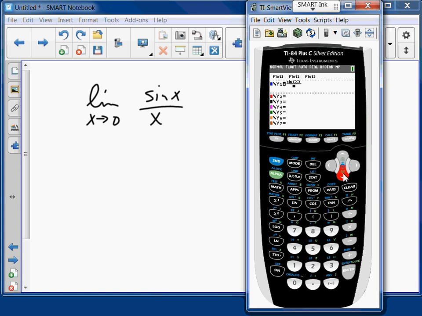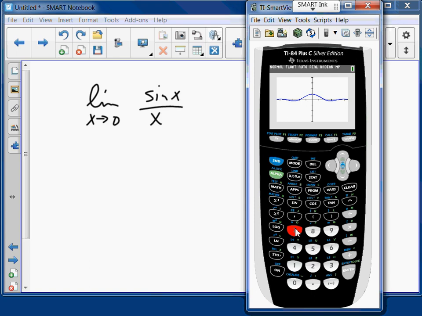It's actually a very nice looking function, very smooth, but there's a problem at 0. You can't see it, but it's there.